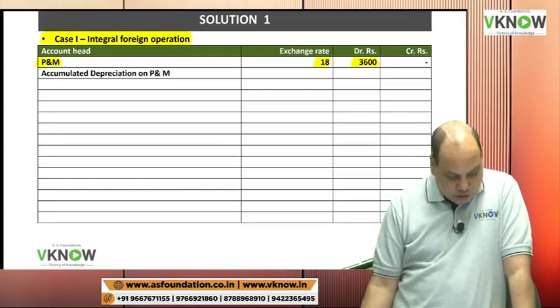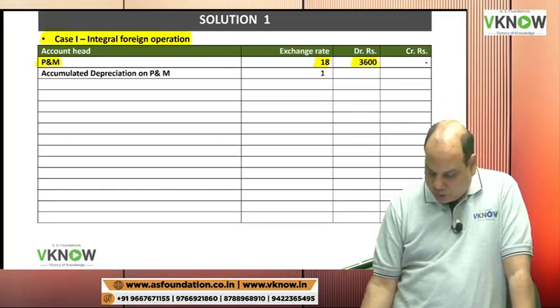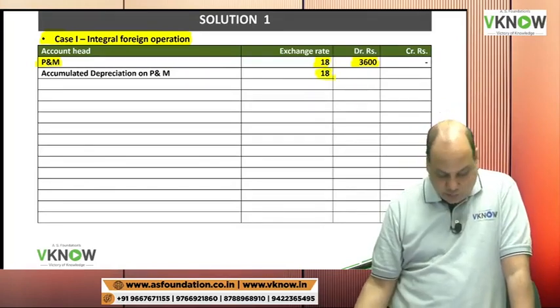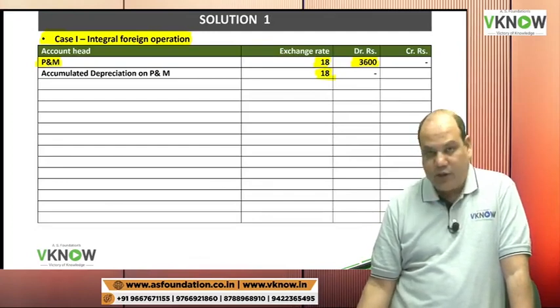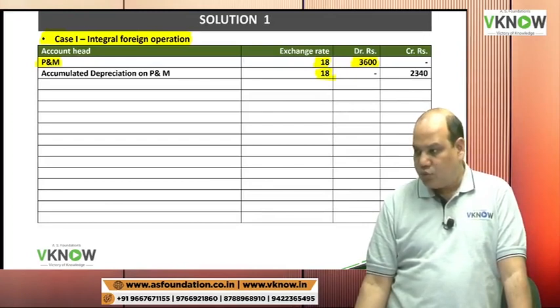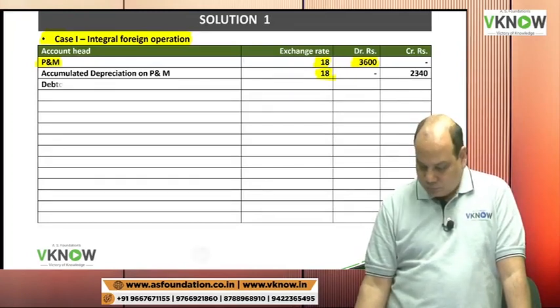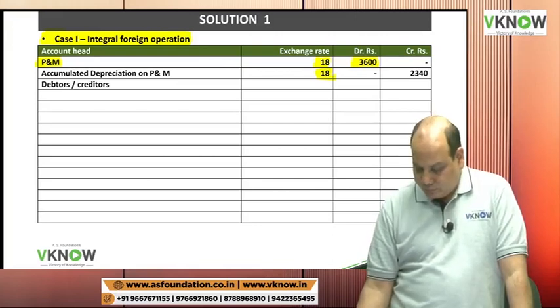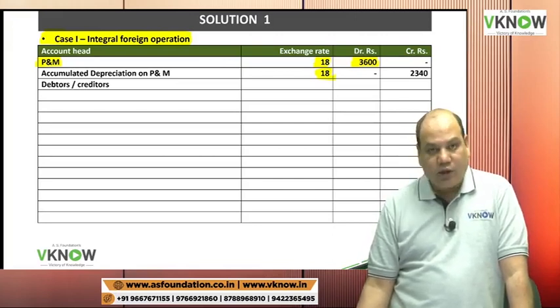Keep the whole question in front of you. Here also I am going to apply the same rate. Multiply 130 into 18, which is 2340. Debtors and creditors are monetary items.